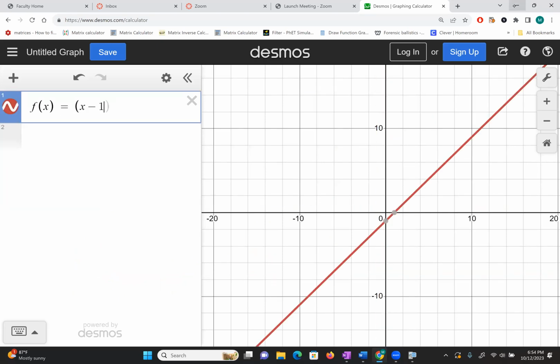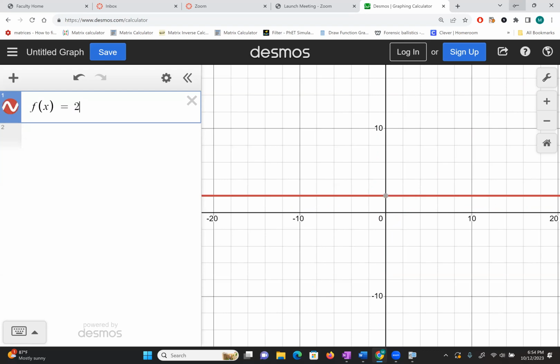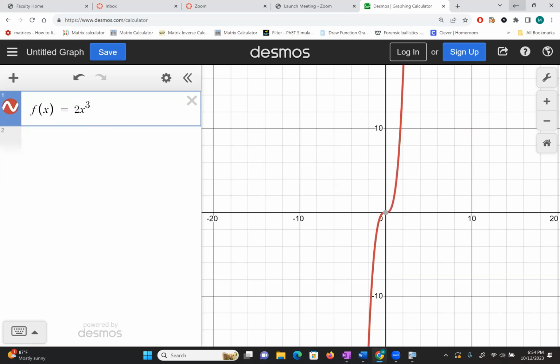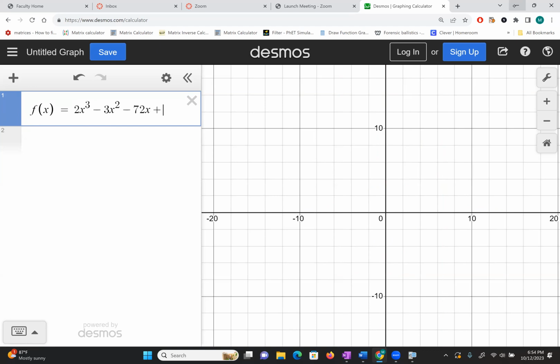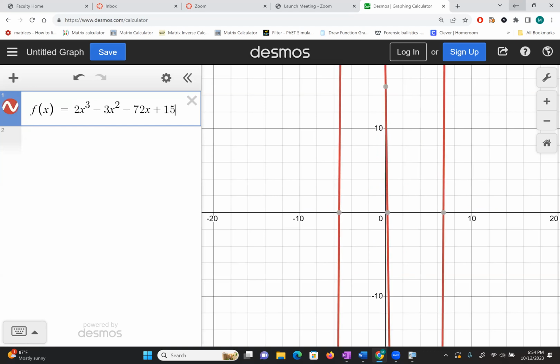So graphing f of x, I'm going to put 2x cubed minus 3x squared minus 72x, and lastly plus 15.